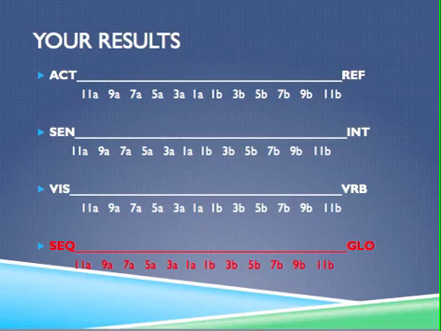For example, if you have an 11B in that section, then you're probably much more of a global learner than you are a sequential learner. On the other hand, if your score is a 1A, then you're probably somewhere in between sequential and global learning.